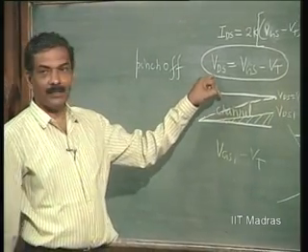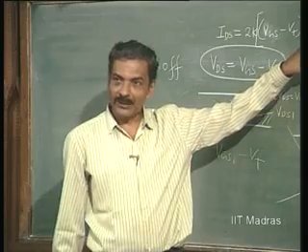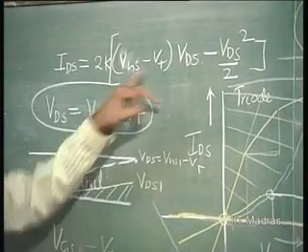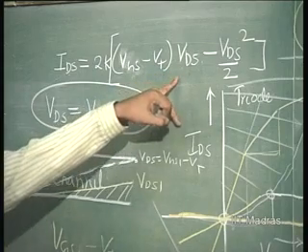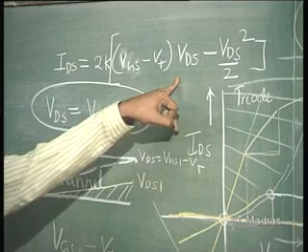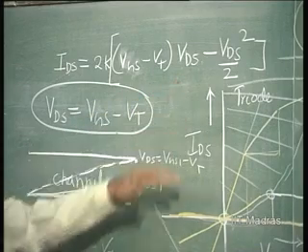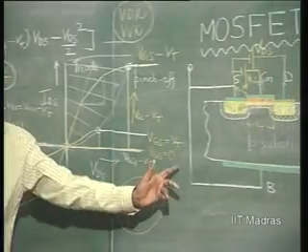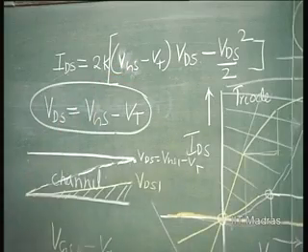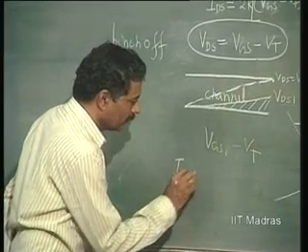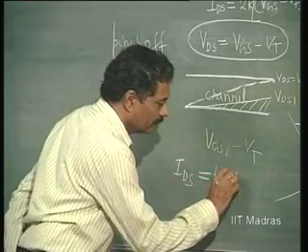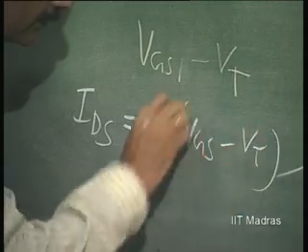So, you can substitute the value of VDS in this expression, that should give us the value of current saturation. Substitute VDS equal to VGS minus VT; thereafter it is independent of VDS. Current has reached saturation, meaning it remains the same whatever the value of VDS. So, substituting, you get IDS equals K into VGS minus VT whole square.